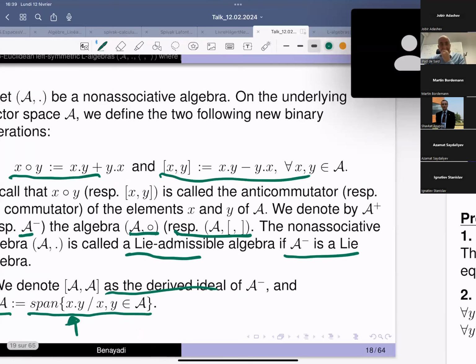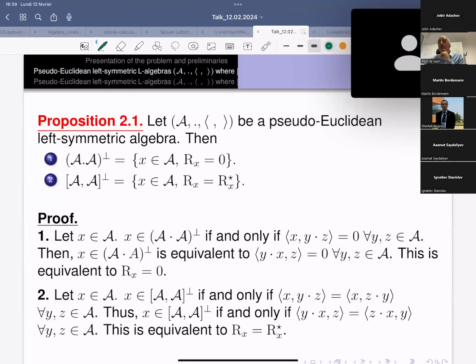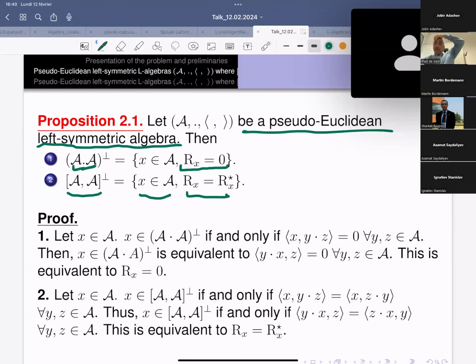The first result is a lemma. If we consider a pseudo-Euclidean left-symmetric algebra, the orthogonal of this one is exactly the set of elements of R such that the right multiplication is 0, and the orthogonal of the derived ideal of R minus is the set of elements of R such that Rx is symmetric with respect to this product.